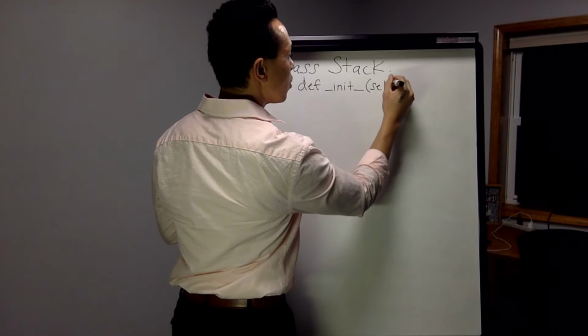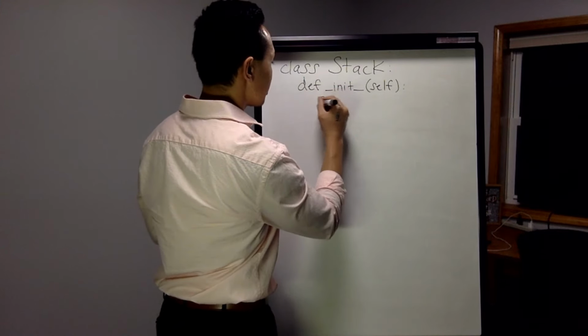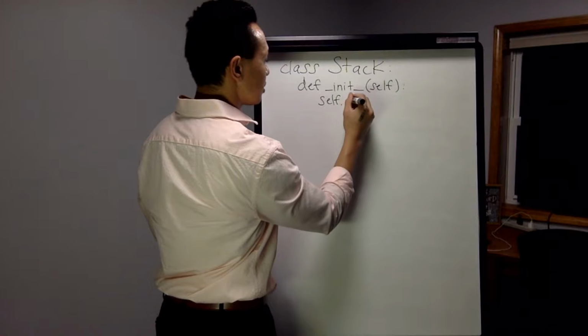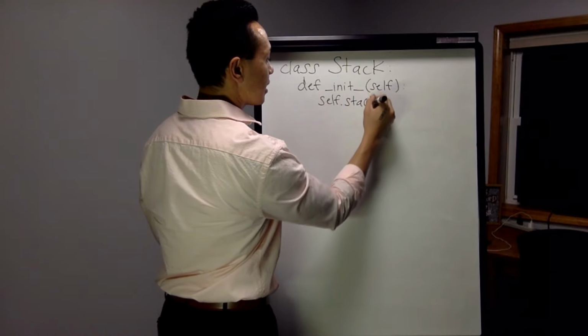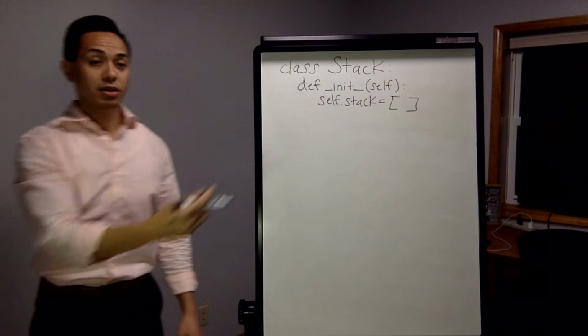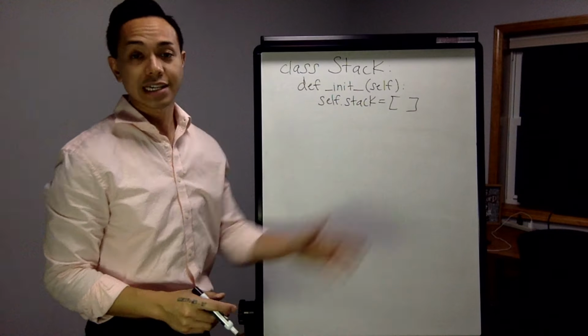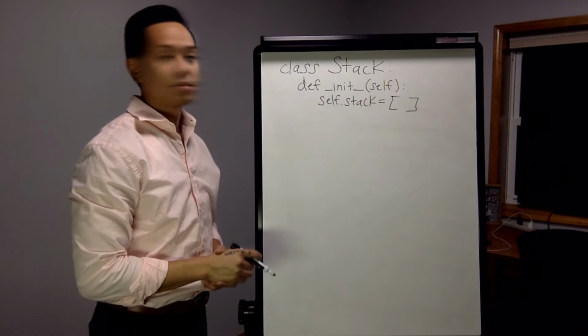That's going to take in one parameter, just self. And just like the queue we saw, it's going to be self.stack equals that empty array we talked about, right? That's how a list, or a stack is represented in Python.